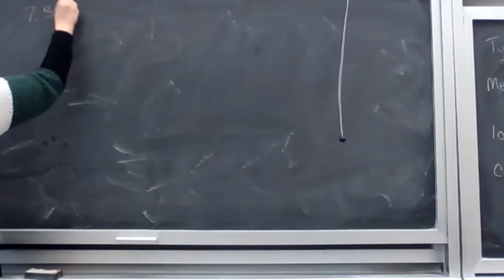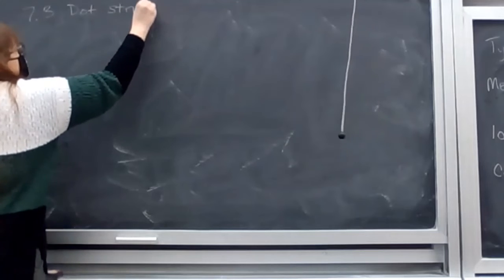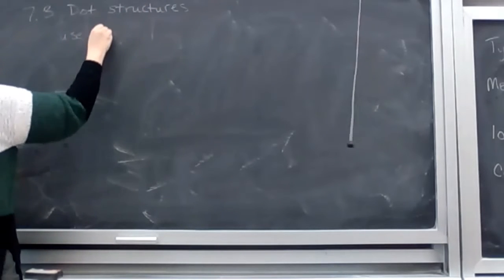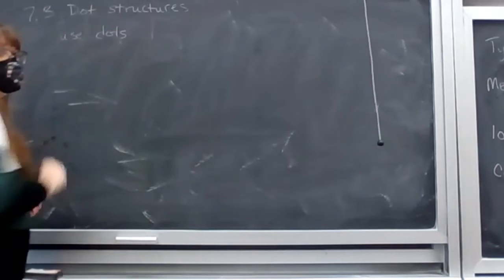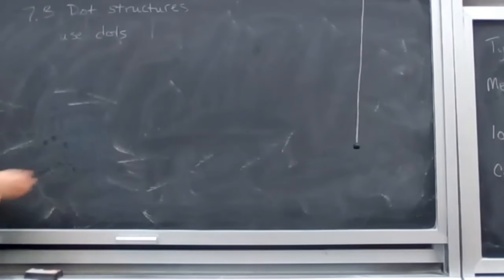So with dot structures, we are going to use dots to represent valence electrons. So this is why it's important for us to know how many valence electrons there are.